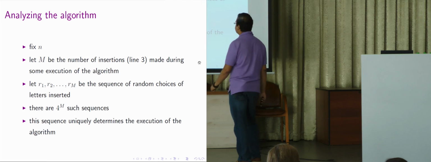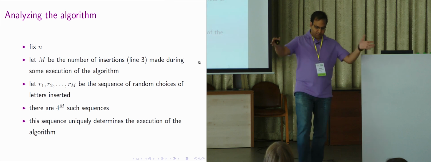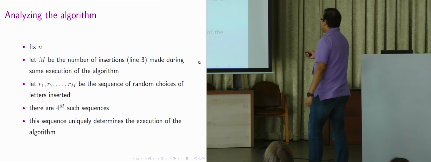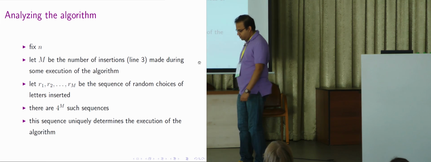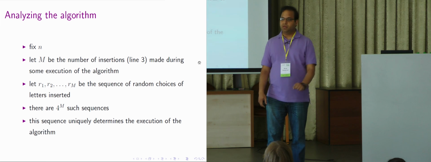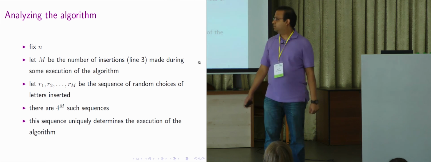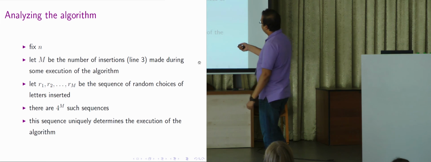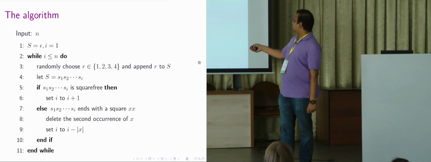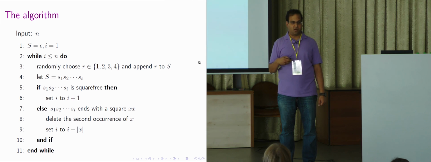So we fix some n. We want to say something about whether or not there exists a square-free word of length n. So let's count how many possible executions there can be of this algorithm. It's a randomized algorithm, so there will be several possible executions. Let m be the number of insertions. This happens here at step 3, where we extend by some randomly chosen r.